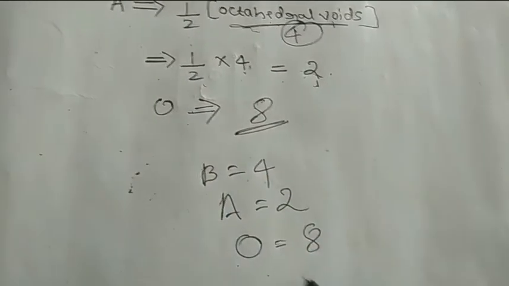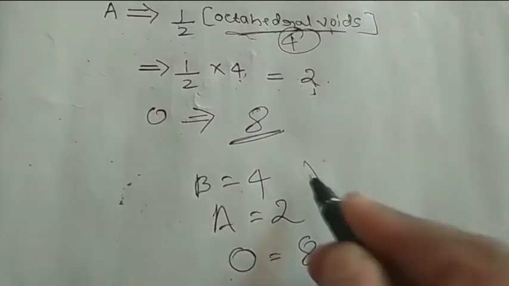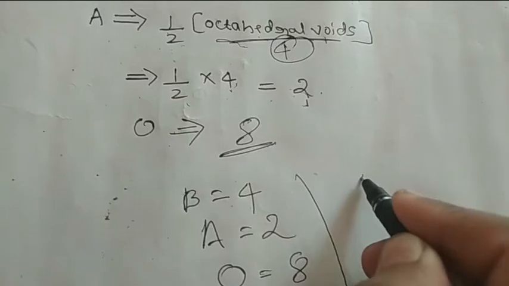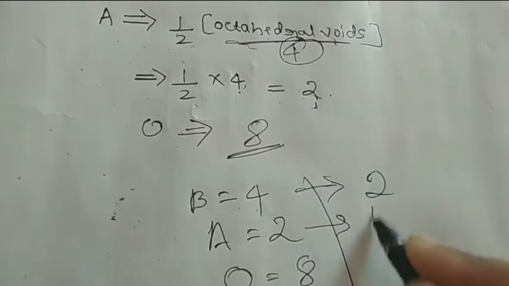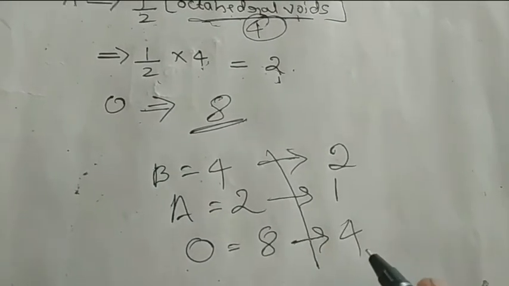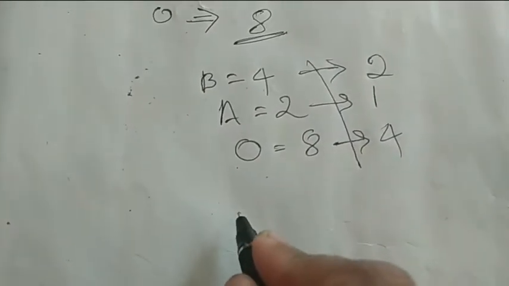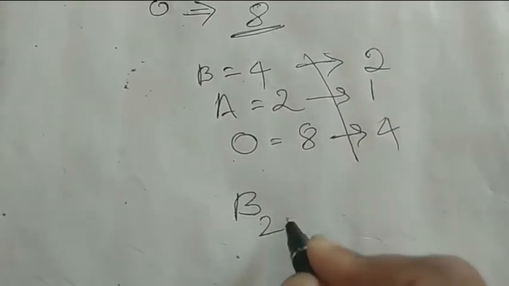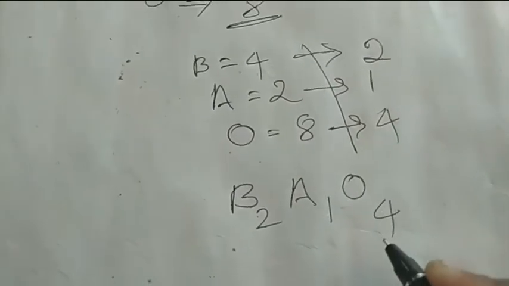And then take a ratio. If you divide all the values by 2, then B becomes 2, A becomes 1, oxygen becomes 4. Then the answer is A1, B2, O4.